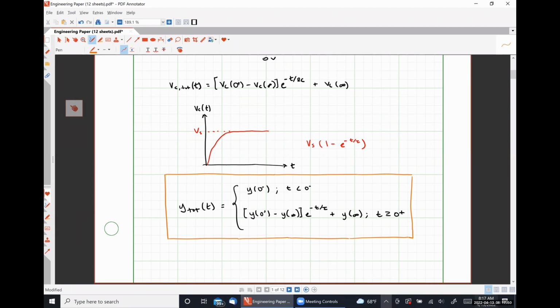But if you don't want to go through that trouble, this total response generic equation that we've developed here works perfectly well for a natural response system, because in a natural response system, y at infinity is just 0, because there are no forcing functions making it be anything other than 0.